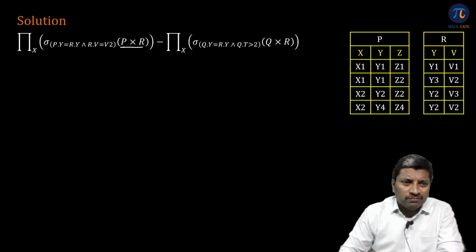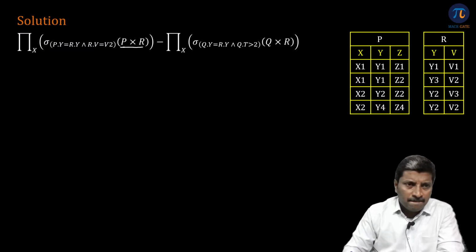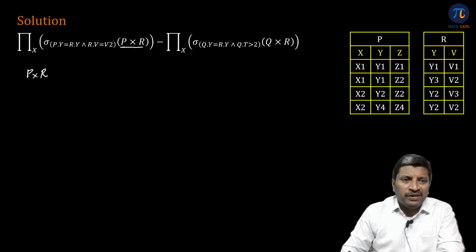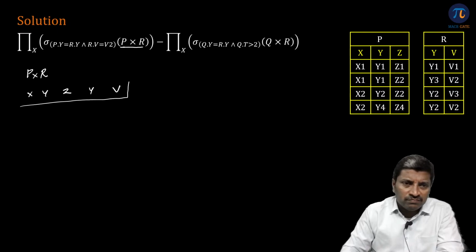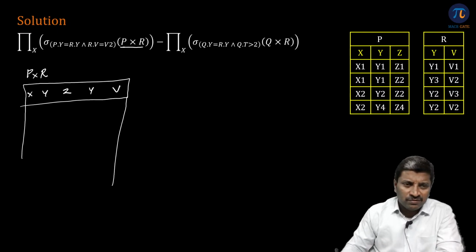P cross R. Sir, for P cross R, what you get, sir? X, Y, Z, Y, V. So totally 5 columns.